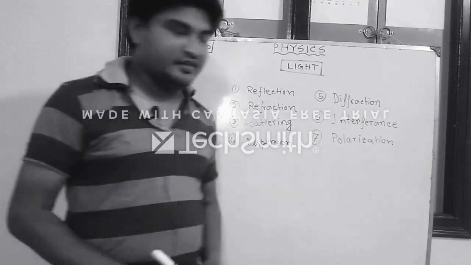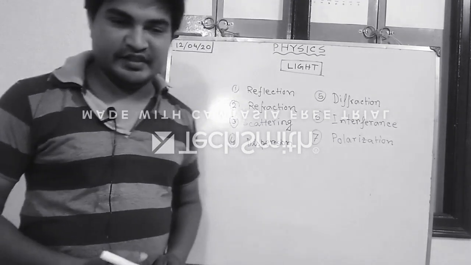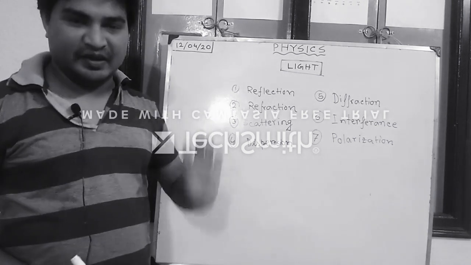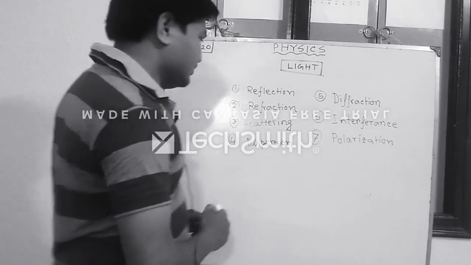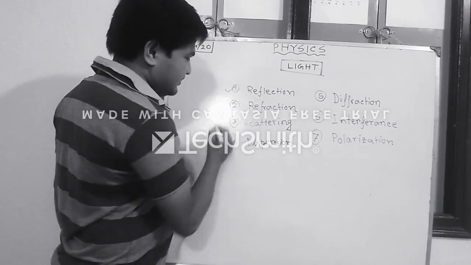These are the 7 phenomena that are shown by light.